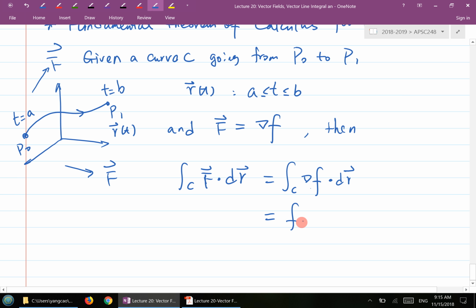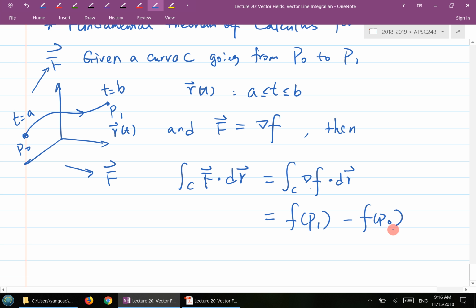All you need to do is this here. This vector line integral is equal to the value of the scalar function f at P1 minus the value of the scalar function f at P0.